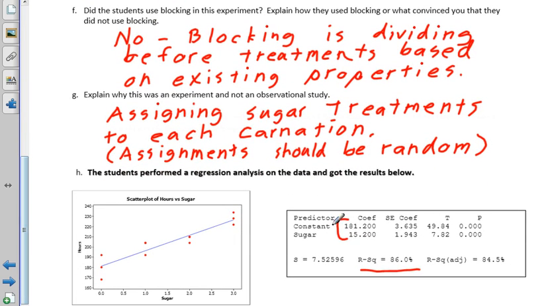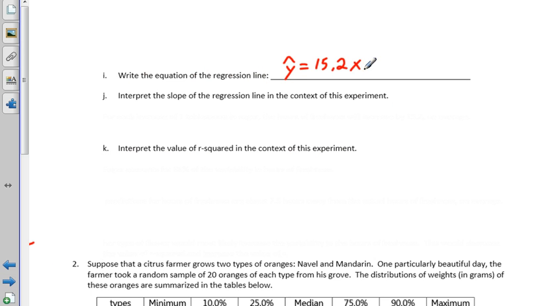You're going to look right next to the factor. It's usually that bottom one. So that one's your slope. You can also see on the graph if you try to estimate from the graph. The other one, the constant number here, that's going to be your y-intercept. So what was that number? 181.2.